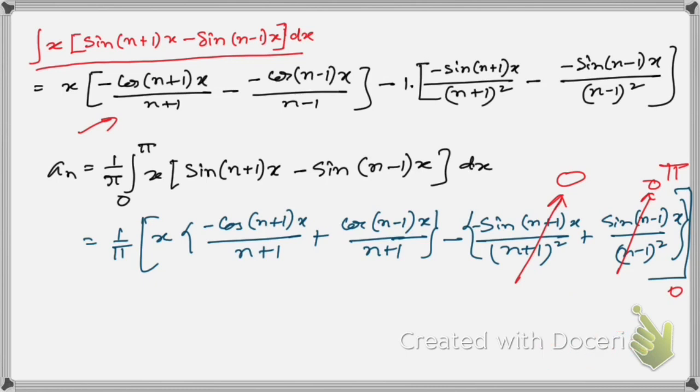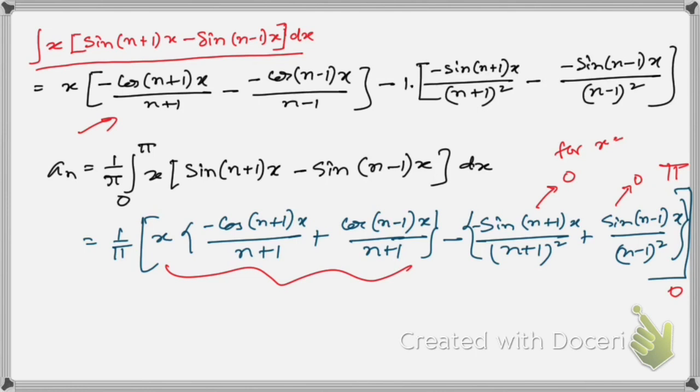So hope you have understood these things, okay? So we just need to deal with this term only, because this part is equal to 0 for both x equal to 0 and pi. That's why we're going to deal with this only, right?